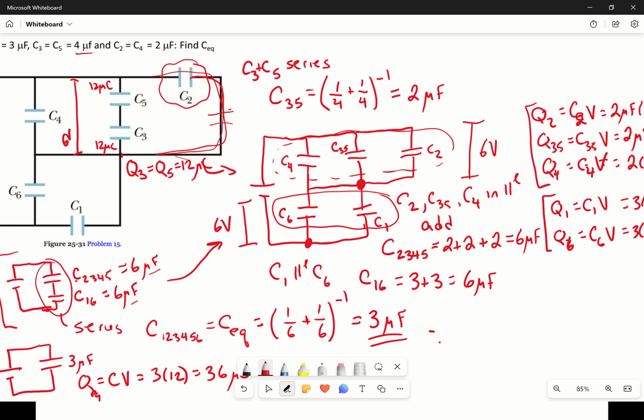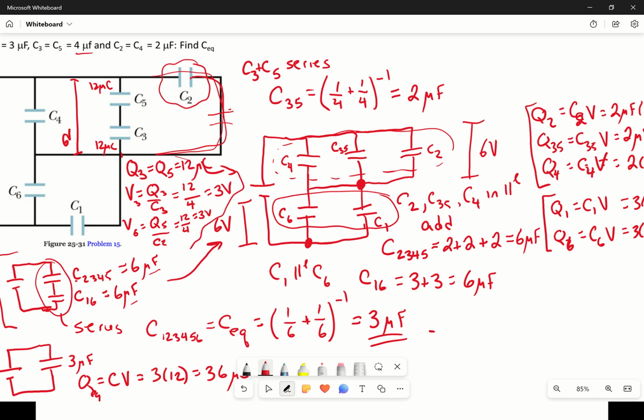What about the voltages? Voltage is equal to Q over C. So V3 is going to be Q3 over C3. 12 over C3 is 4. So I'm going to get 3 volts. And V5 is going to be Q5 over C5. So 12 over 4, which is 3 volts.